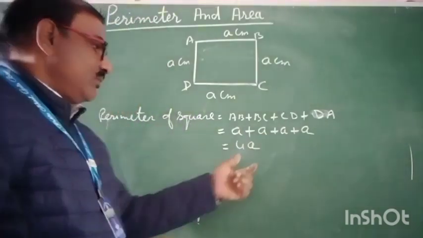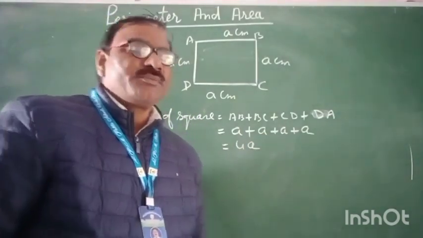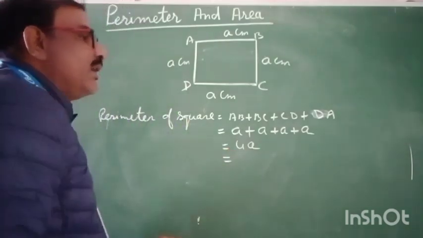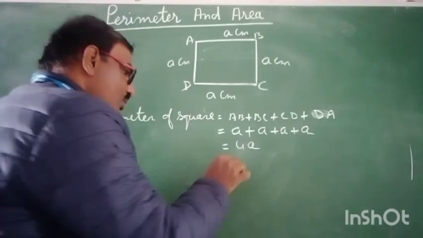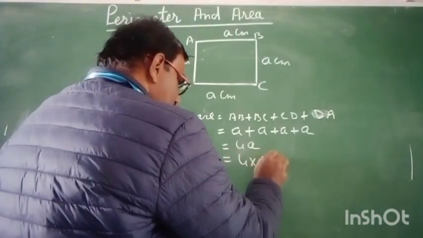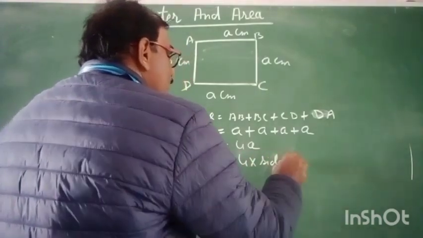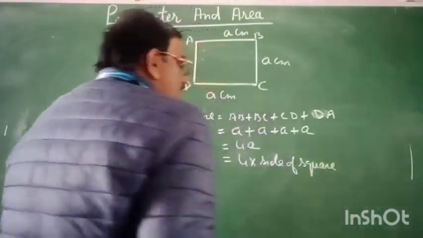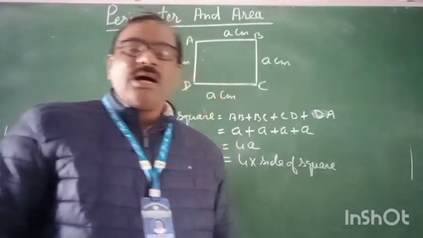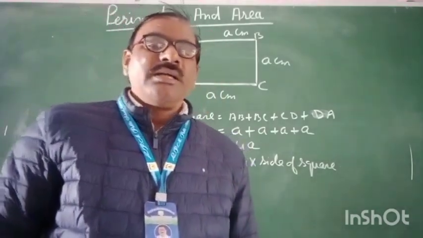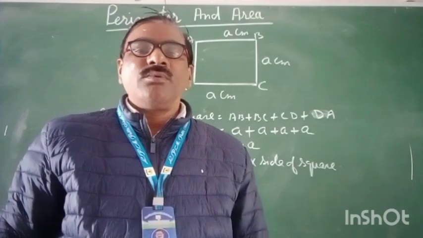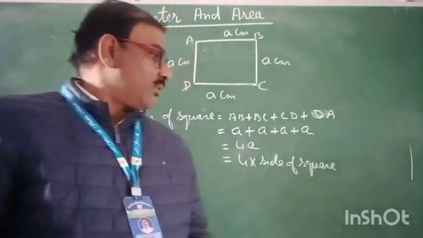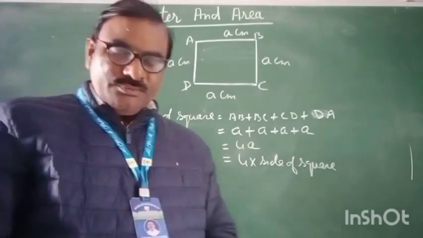Here A is the side of the square. So we can say the perimeter of a square is 4 multiplied by the side of the square. It means if we multiply 4 and the side of a square, we get the perimeter of the square.